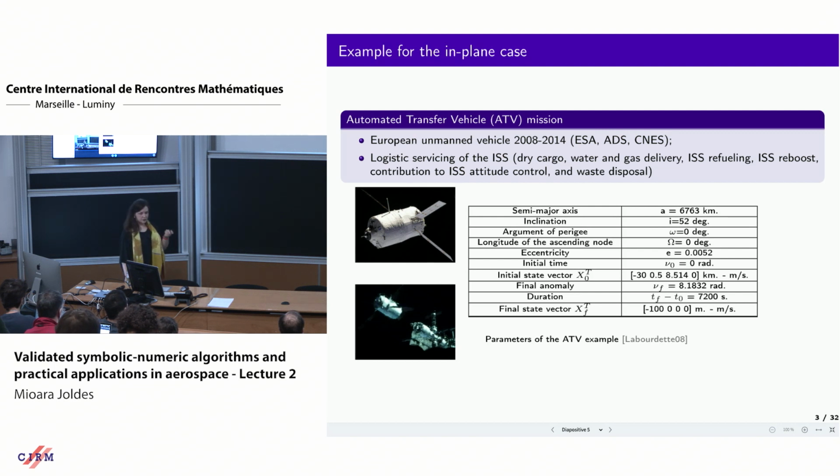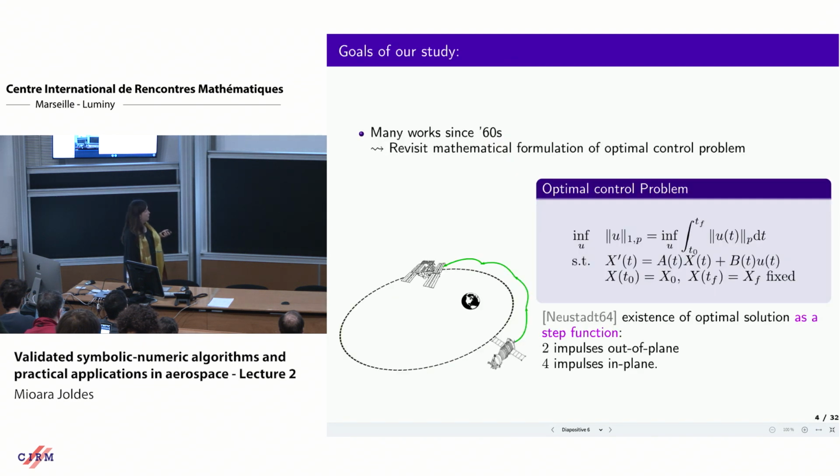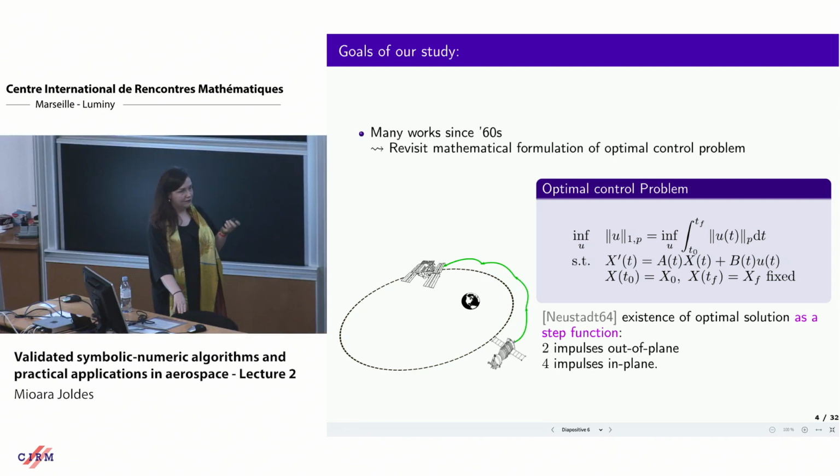All the orbital parameters that you need. And we would like to minimize this linear functional on the control in order to minimize the consumption. And this is the dynamics that I showed before, where we just replace the dynamics with the matrix A. Okay, and this is the control that we had.